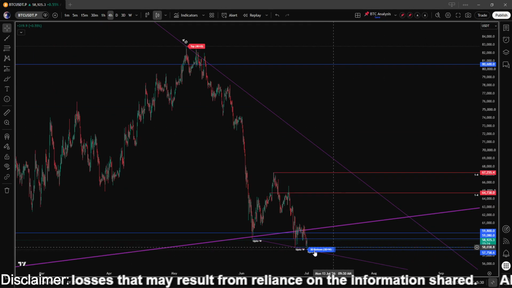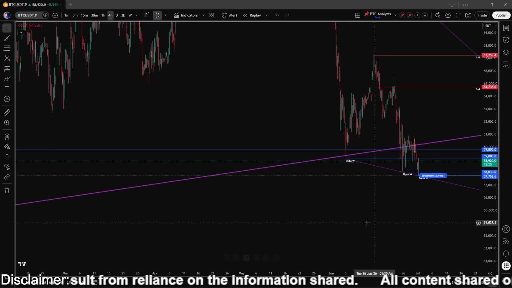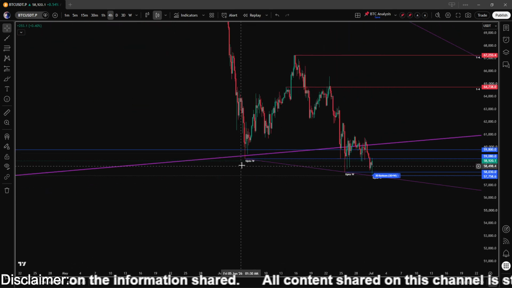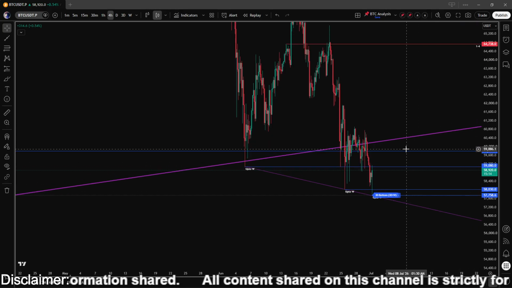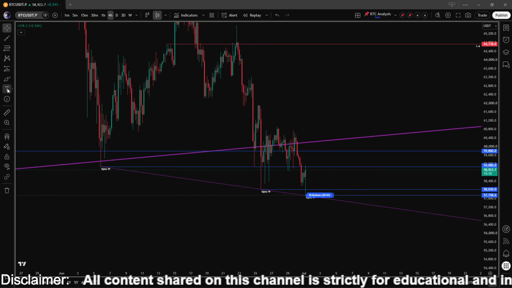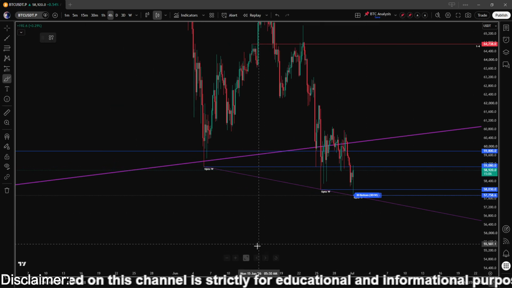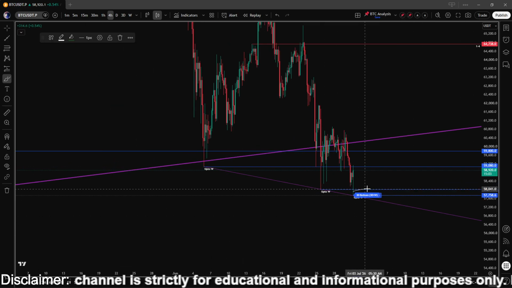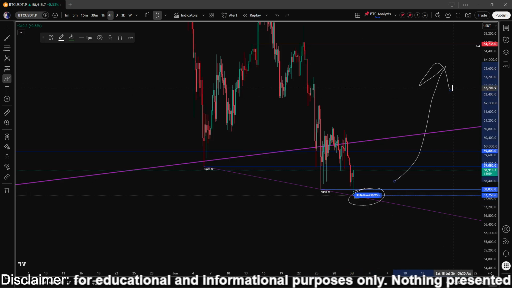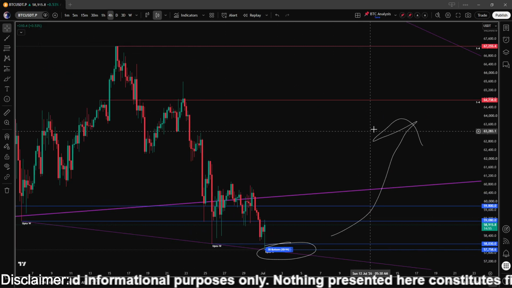Okay, but here it is trading below this previous one and even this previous one, so I'm not even going to say confirmed, but it's in that phase where the price is trying to make one more bottom, another bottom, and most likely this bottom will go towards the upside.